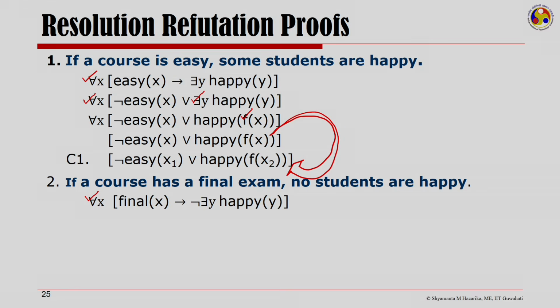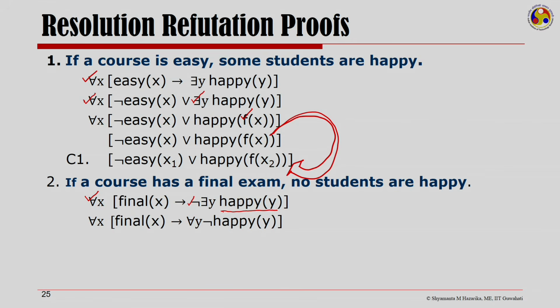Now, when you convert this to a clausal form, this negation needs to be first pushed in to apply to only the atomic portion, and we push that inside. So, not there exists y becomes for all y not happy(y).